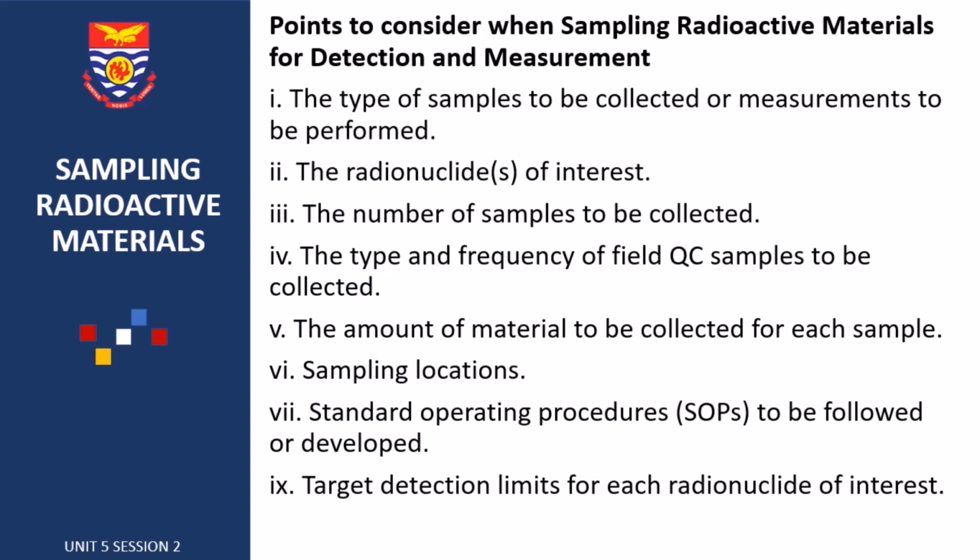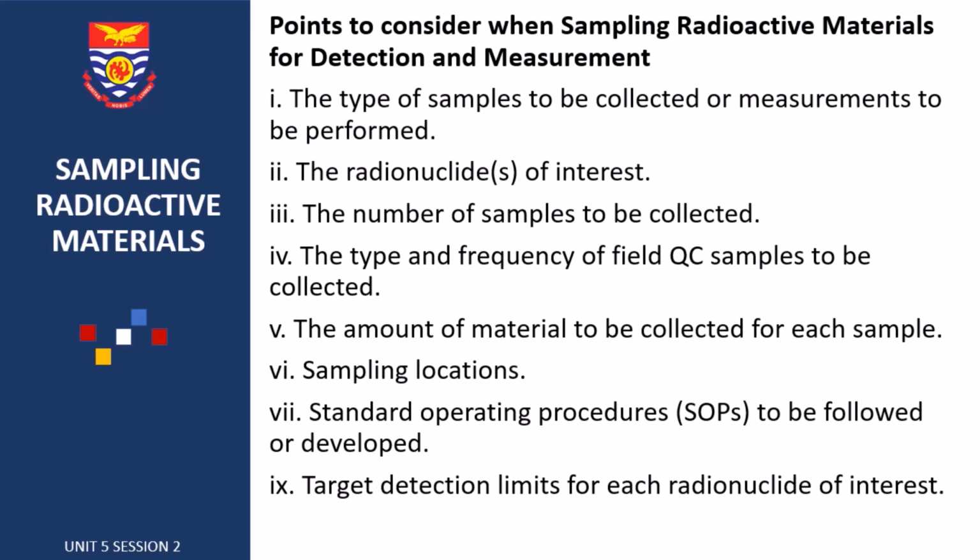The amount of material to be collected for each sample is also very important and needs to be considered. Then, where are we doing the sampling? So the location of the samples. We must also look at standard operation procedures to be followed or developed. Now, when you don't follow the correct standard operation procedures, it may affect the kind of data you will collect.